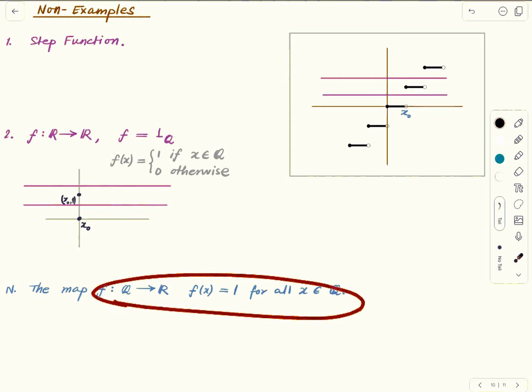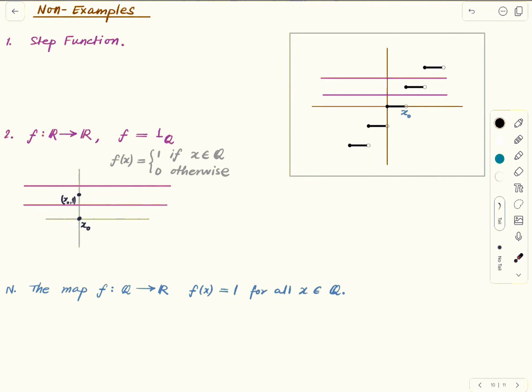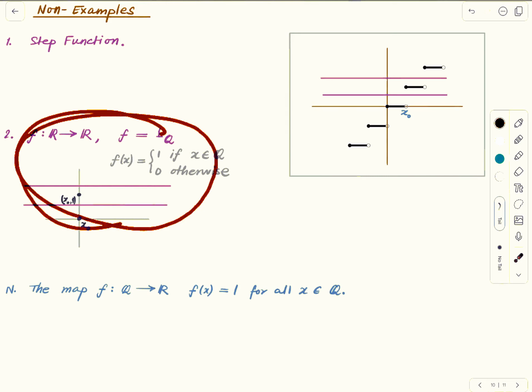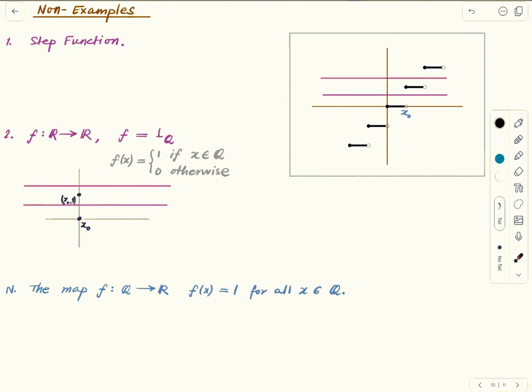We talked about constant functions, that constant functions are continuous everywhere. This is far from a constant function. So the point I'm trying to make is that the domain matters. If you change the domain of a function, the continuity may get disturbed. So even though restrictions of continuous functions are always continuous, the restrictions of discontinuous functions could be continuous, could be discontinuous.